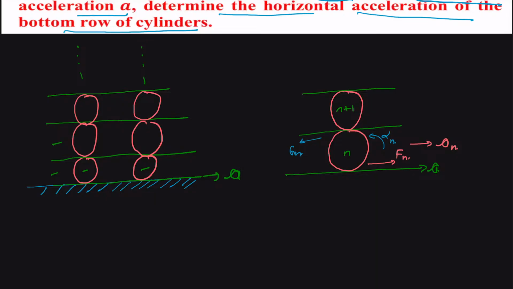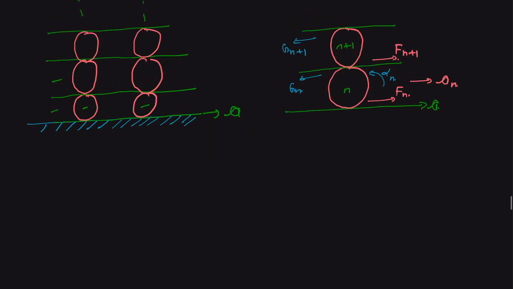And similarly here towards our right we can write F of n plus 1, and there will be a force, let us call this G of n plus 1. So this process is going to repeat, but we are going to solve these two parts and the rest of the things can be replicated.